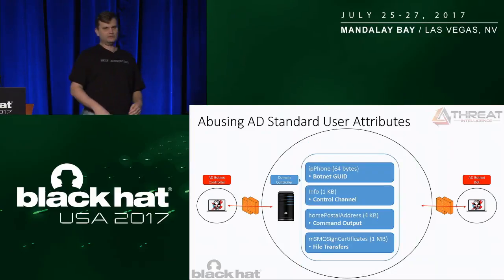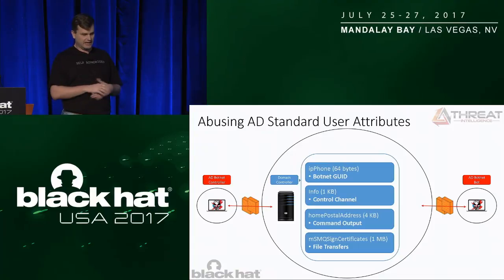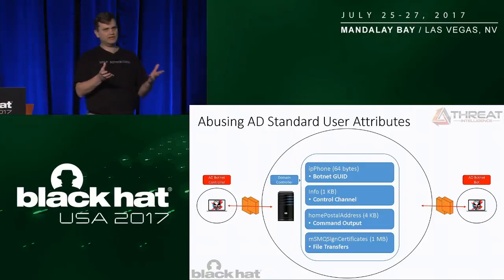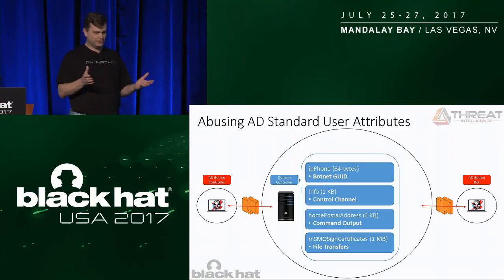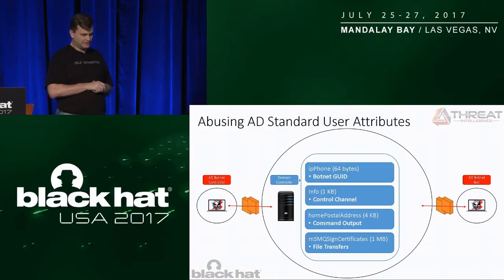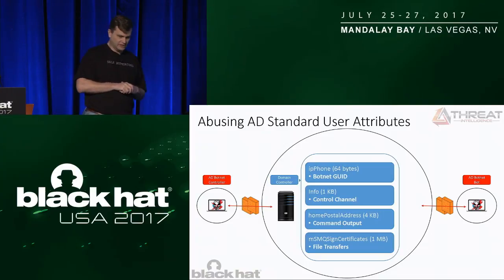So in terms of establishing our botnet, the way we did it is that when a node or a bot registers, one of the first things it does is, each botnet has a unique GUID. As part of its initialization routine, it updates the IP phone attribute with this GUID.